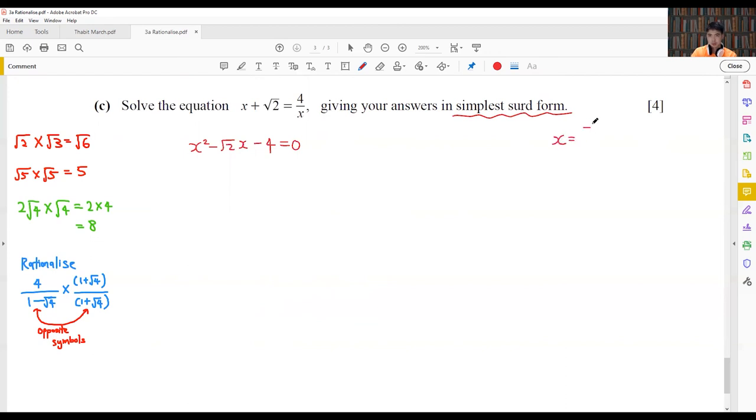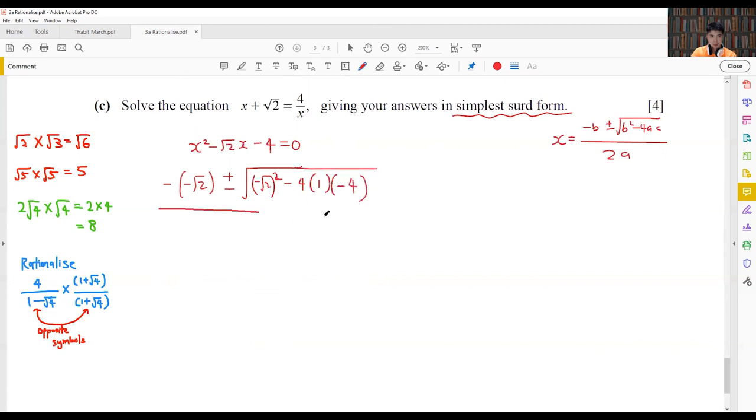is equals to negative b plus minus the square root of b squared minus 4ac over 2a. Substituting our values into the formula here, negative negative square root 2, okay, plus minus the square root of b squared, which is basically square root 2 square, okay, minus 4ac over 2a, which is 2, 1.